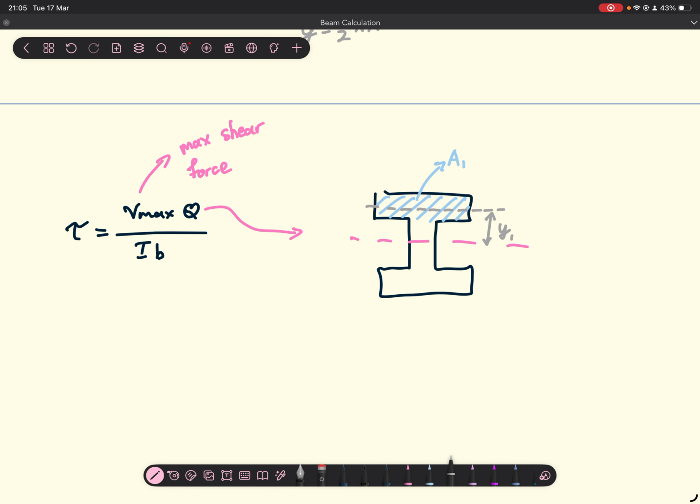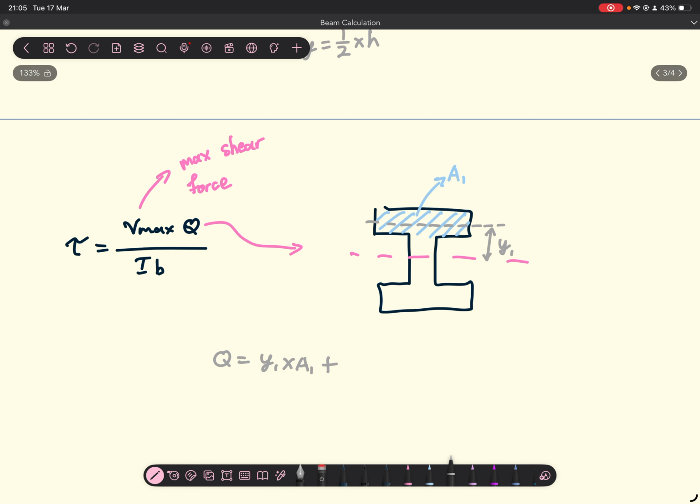We call that Y1. So Q is basically Y1 times A1 plus, and then we need to look at the next section, so we're looking at this section here. We're going to look at this area.